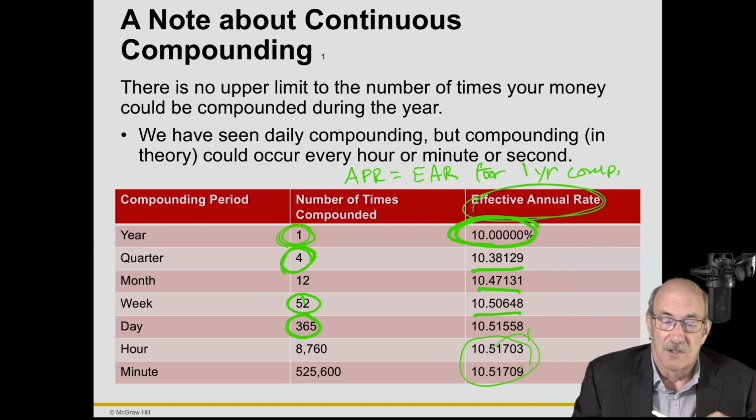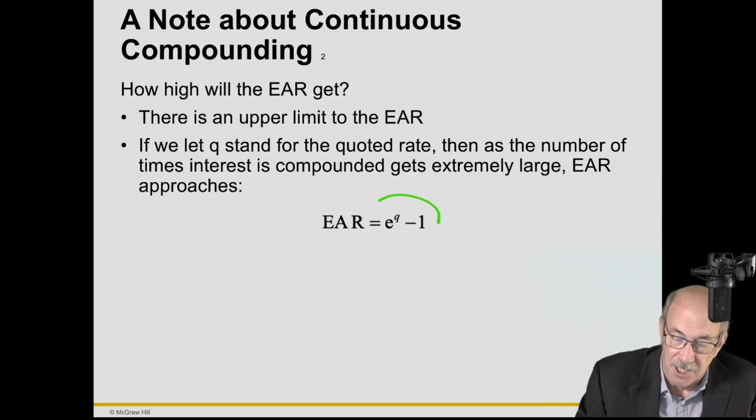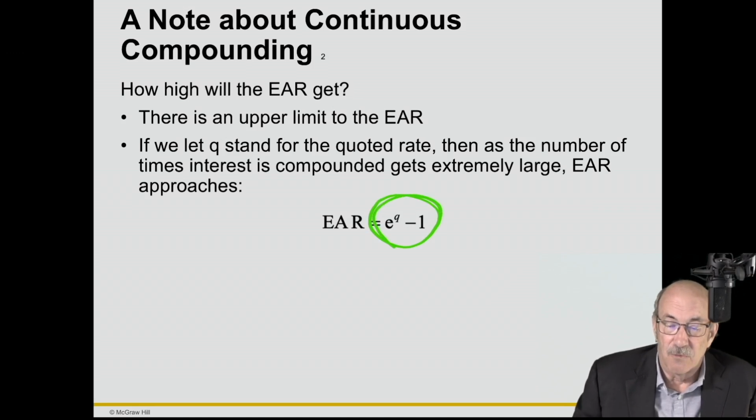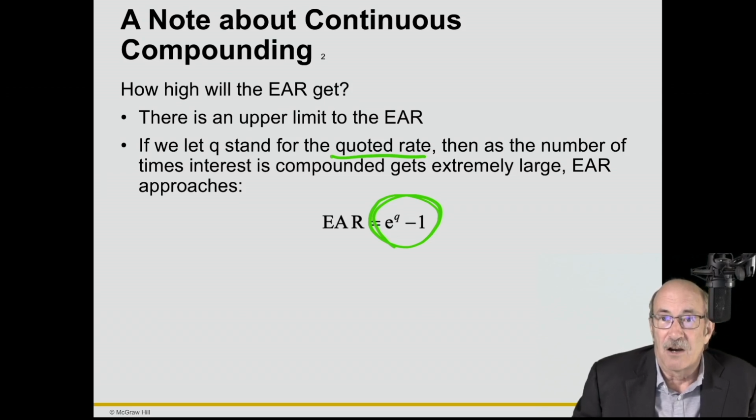And in fact, we could also do it in continuous time. In other words, instantaneously. It's always compounding. And there we use the exponential, e raised to the q, and q is the quoted rate. e raised to the q minus 1 gives us the EAR of continuous time compounding.